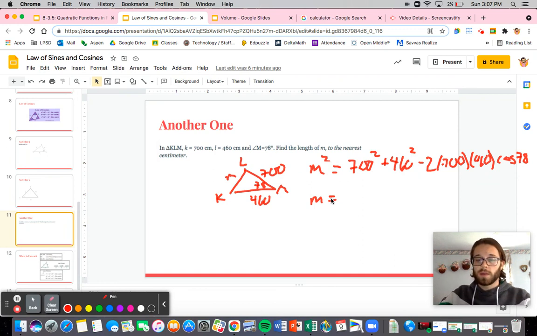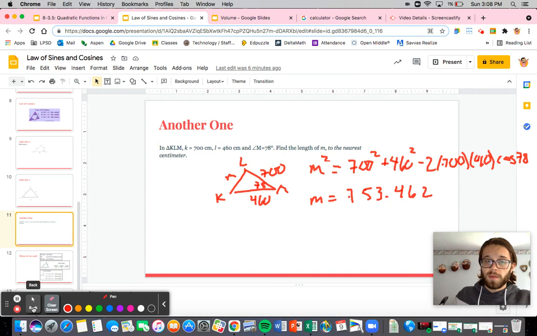Plug that in. You should get, when you take the square root, about 753.462. And there you have it. So that is how you do all of those problems.